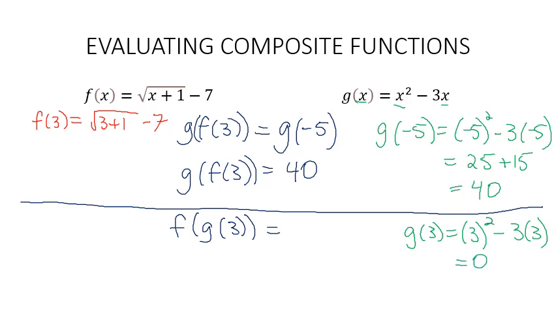So now I can replace g of 3 with 0. So I'm looking for f of 0. Now I have to go back to the f function and replace the x this time with 0. f of 0 is equal to the square root of 0 plus 1, all minus 7. 0 plus 1 is 1, square root of 1 is 1, 1 minus 7 is -6.